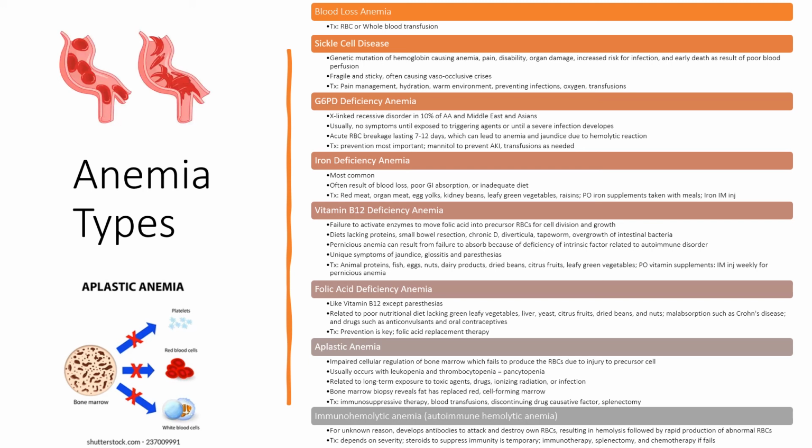So the red blood cells lyse, and that then is followed by the bone marrow saying, oh crap, you need red blood cells, let me make you some, but they're abnormal because it was an oh crap moment. So rapid production of abnormal red blood cells is the unique thing here.